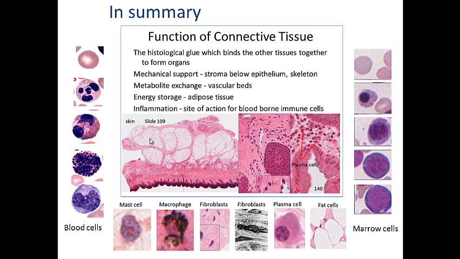So in summary, the function of connective tissue is the histologic glue. It's what holds things together. It provides mechanical support. It's the skeleton and the bone marrow and all the cells that it produces. Metabolic exchange is the vascular bed below the epithelium. Energy storage with the fat cells and inflammatory response with all the immune cells there.